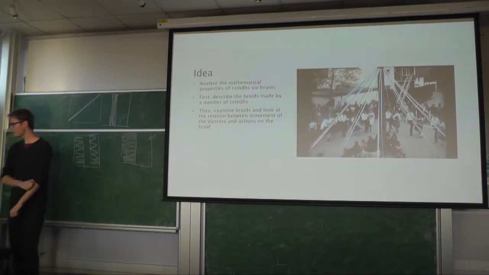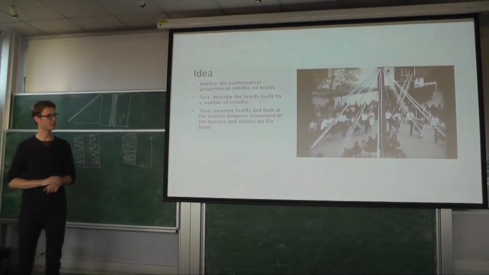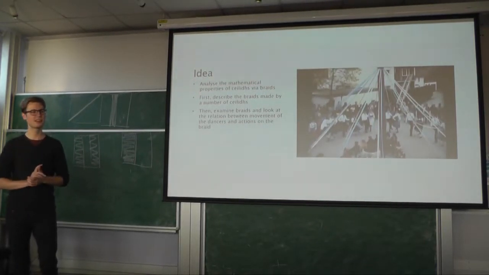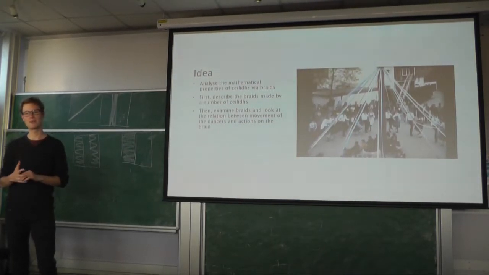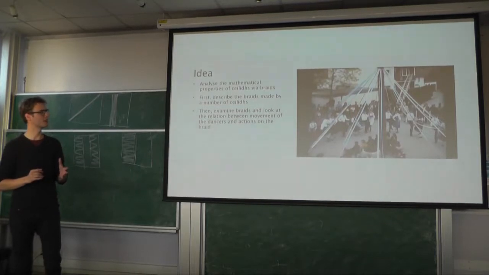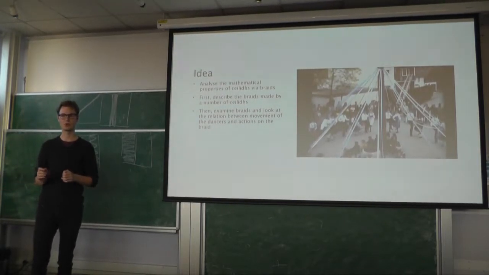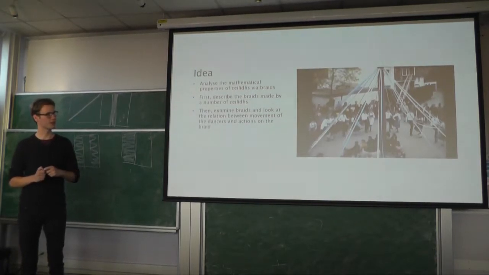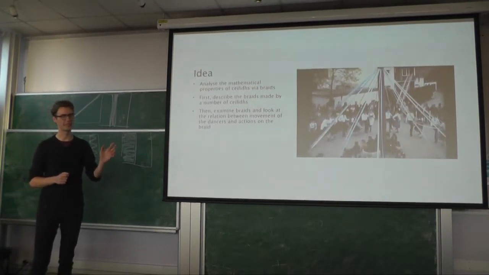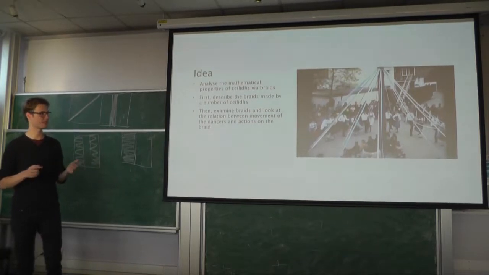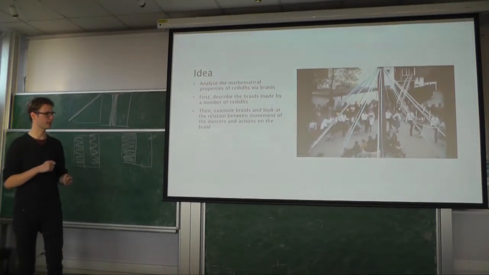So the idea is now to analyse the Scottish Cayley dances. I'm afraid I can't give a mathematical definition of what a Cayley dance is, but we look at what braids arise from Cayley dances. There's this tradition in many alpine regions where people dance around a maypole braiding strings.